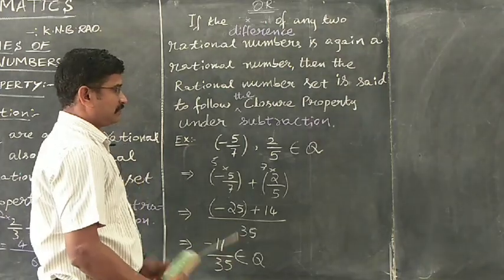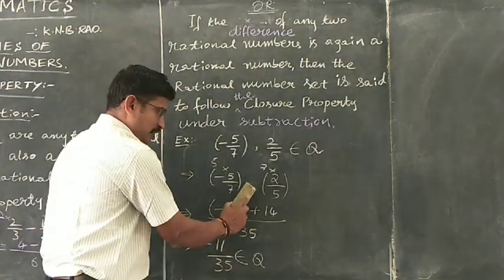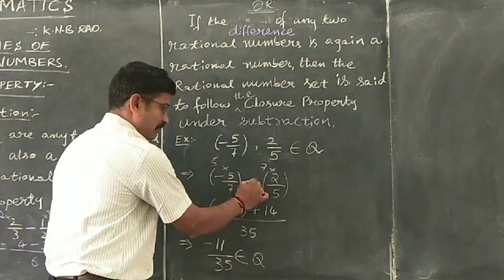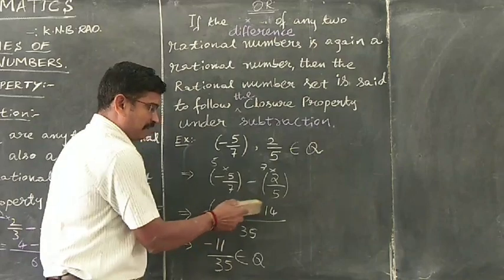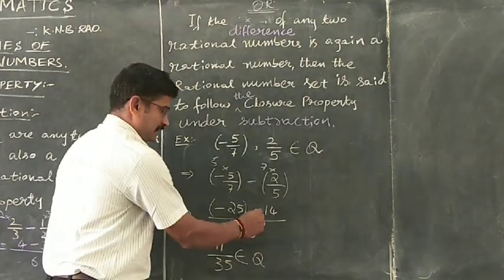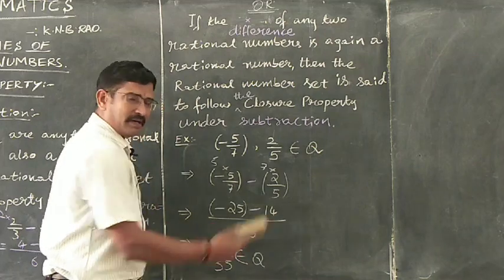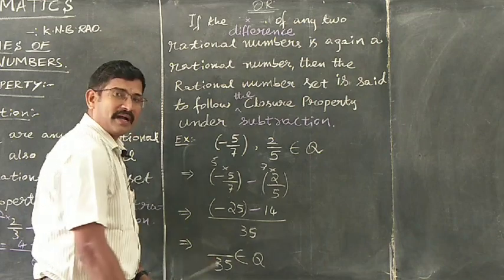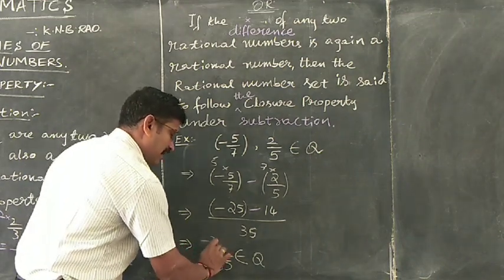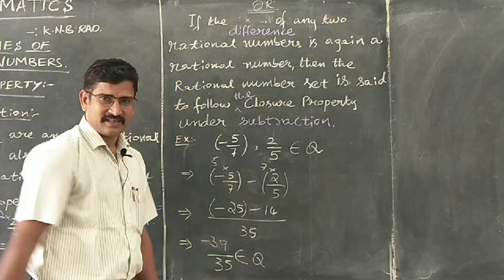Now children, in the example, the only difference is I have to take subtraction instead of addition. Since it is the subtraction operation, we will do the subtraction. Now minus 25 and minus 14, their resultant is minus 39. So that is it.